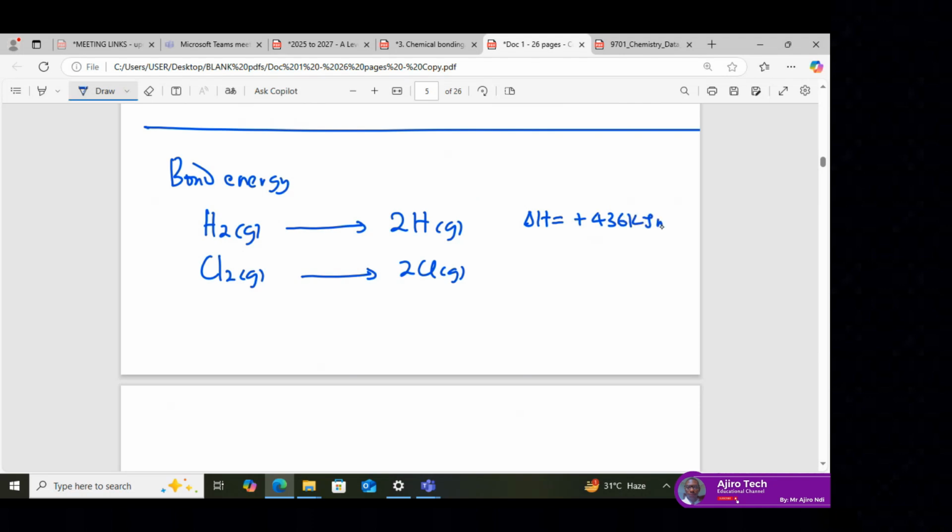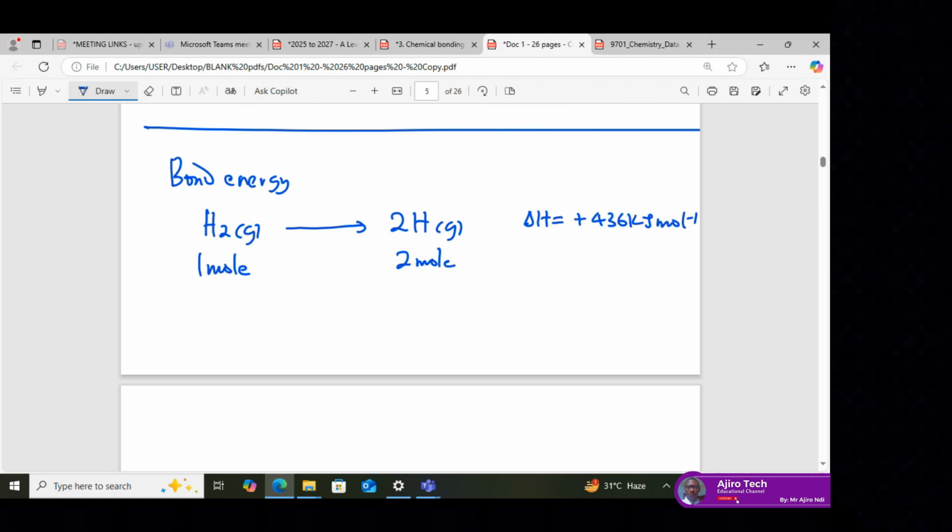So it is precise. The meaning is this: 1 mole of this becomes 2 moles of this. You have 1 mole of hydrogen gas becoming 2 moles of hydrogen atoms. This is the energy required. Do you agree?